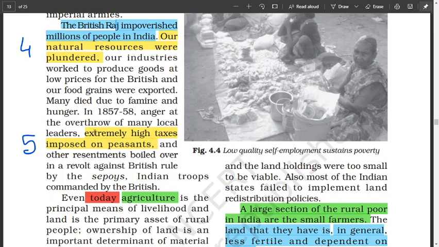And the extremely high taxes we talked about, imposed on peasants and farmers, raised resentment, which led to uprisings during those days, especially in 1857. You remember the Jallianwala Bagh, where Indians were shot at because of the uprising.